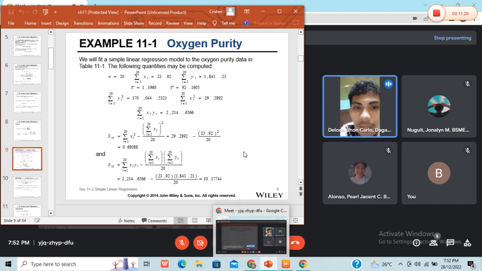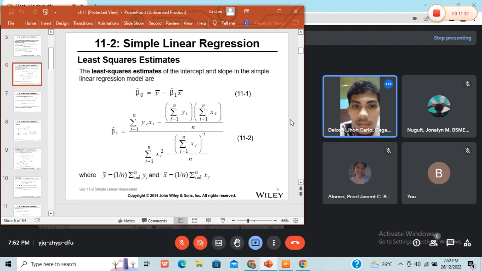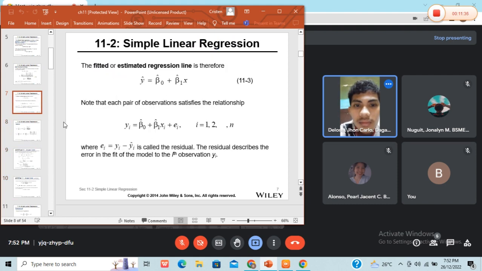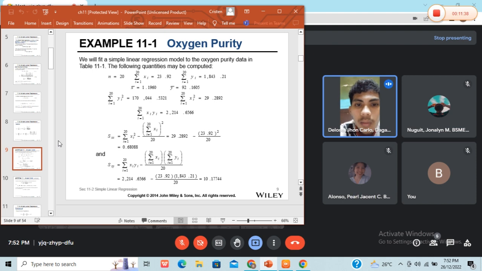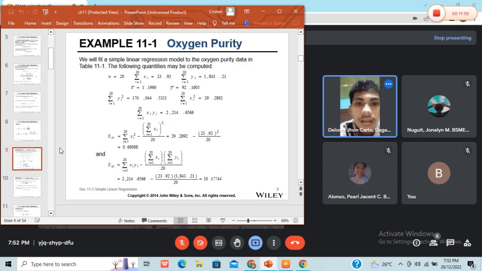And for the formula S sub xy, we also substitute the values that we have.